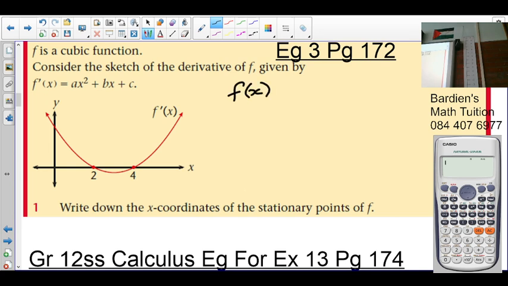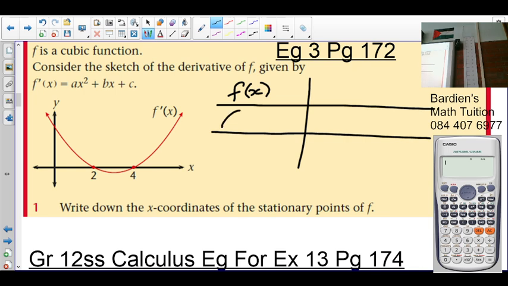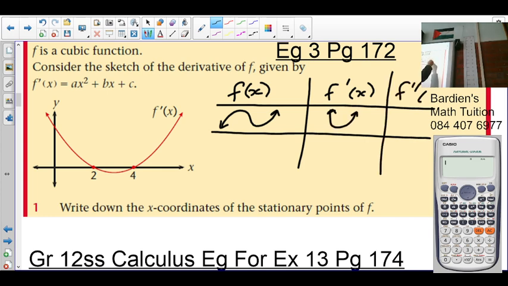If f of x is a function of a cubic graph, the graph will look like that. Its first derivative will be a smiling parabola. The second derivative will be an increasing straight line graph. Not so.